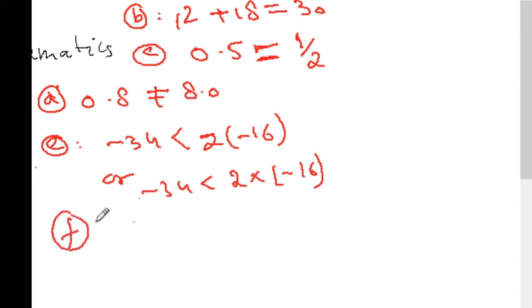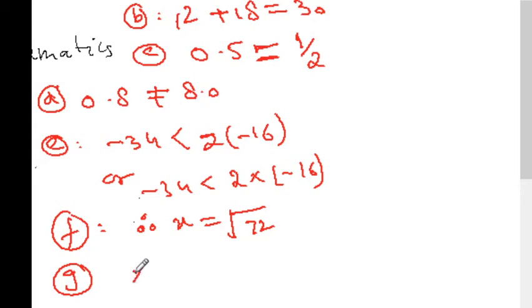Part F is therefore the number x equals the square root of 72. Part G is a number x is less than or equal to negative 45.